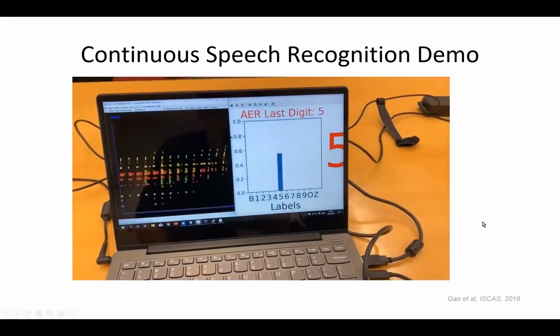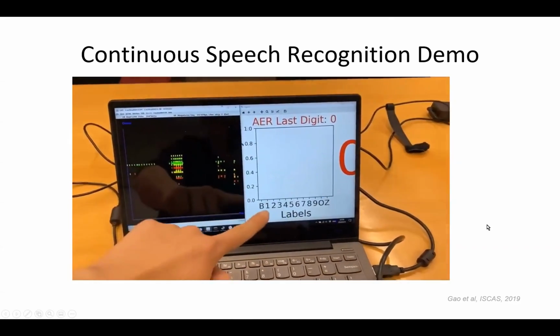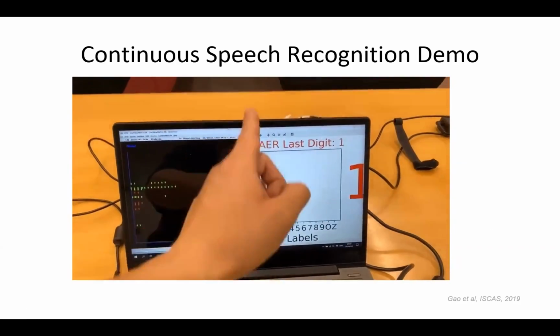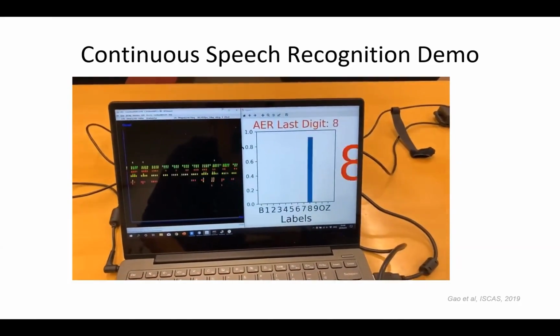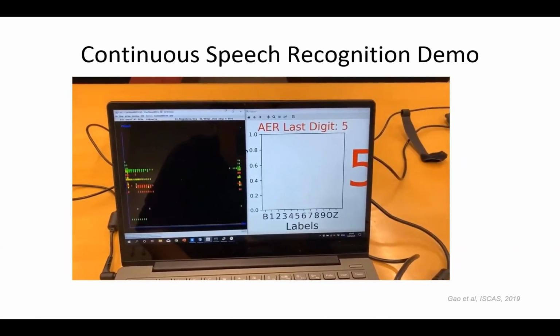And the recognized digits will show on this plot. We have totally 12 labels, and the vertical axis shows the probability of the recognized digits.